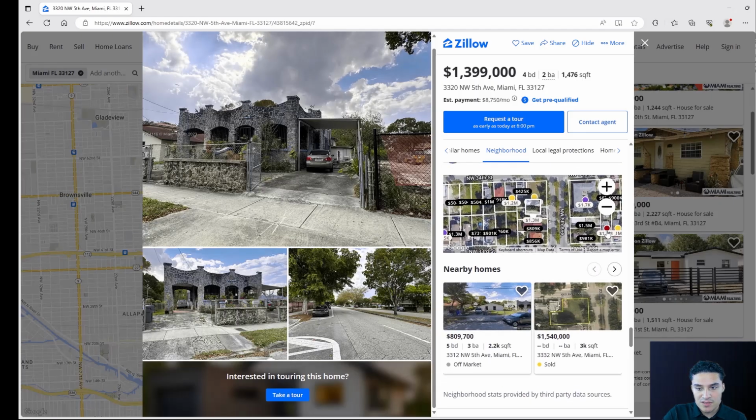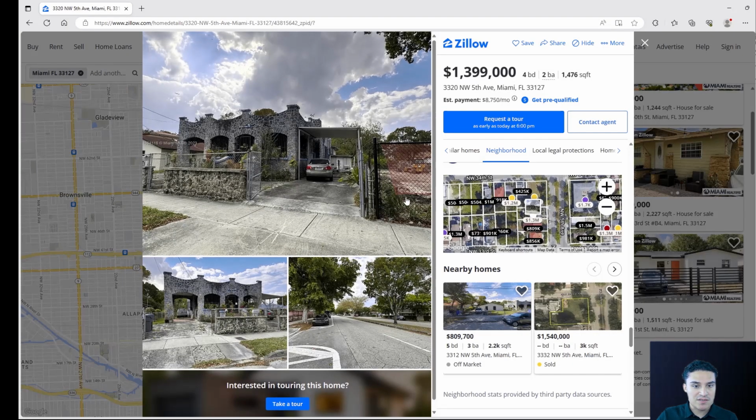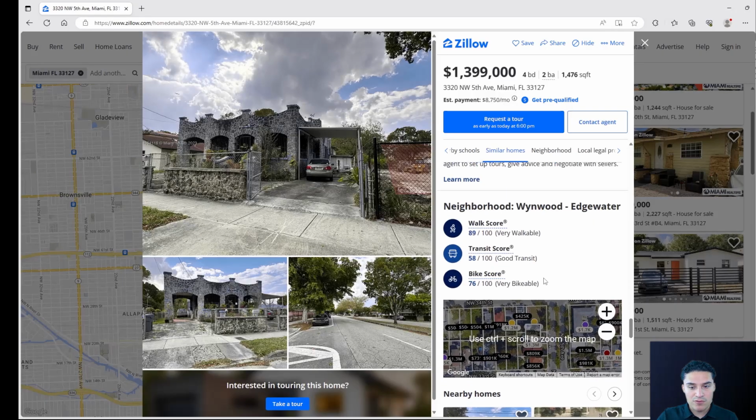Very interesting. And there's another property here in the market for 1.3, and then one that sold for $1 million. So definitely this may be a really good opportunity as a fixer-upper. You can actually see that they're building something next to it. Maybe it's another residential home. It may be this lot over here. That's actually probably what it is.